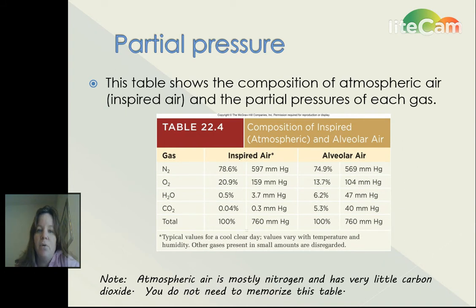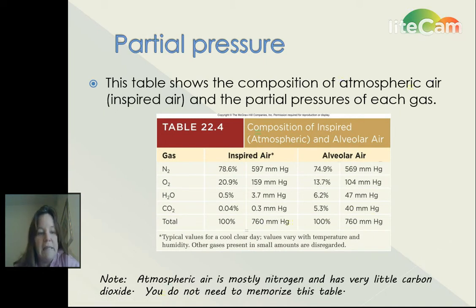So here's a little table that shows you the partial pressure of the air you breathe in, and there's oxygen at 159 millimeters of mercury. The water is 0.5%, so that gives it 3.7 millimeters of mercury, and the CO2 is 0.04%, so only 0.3 millimeters of mercury for the air that you breathe.